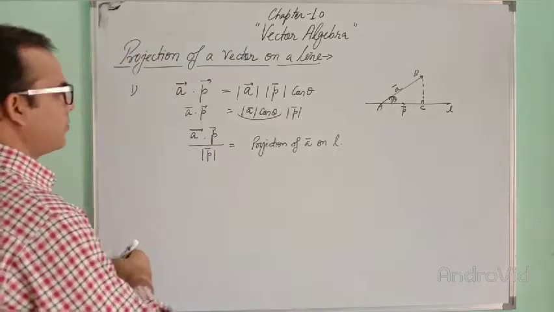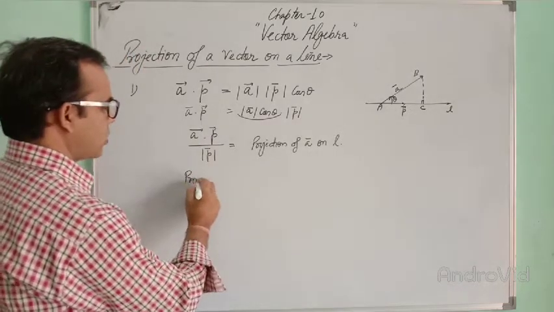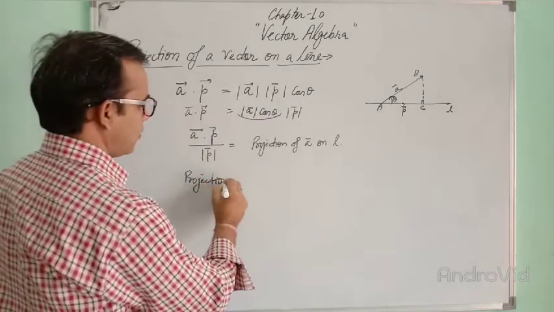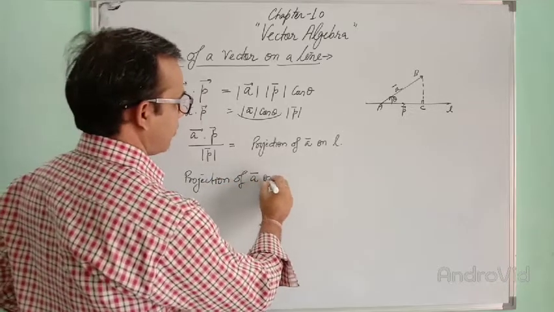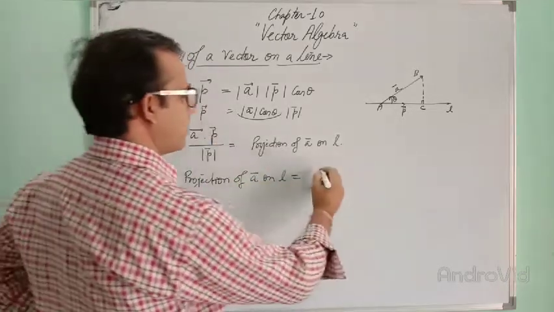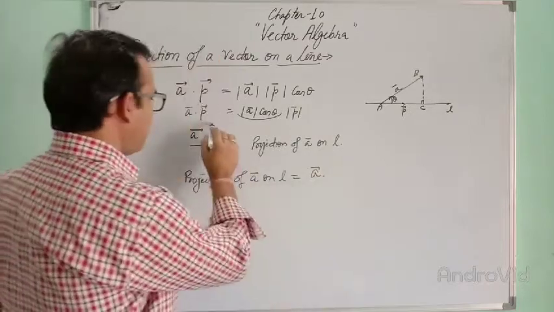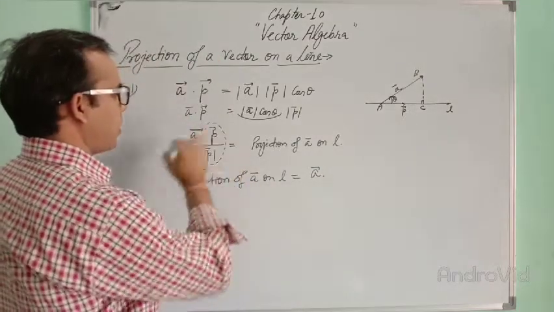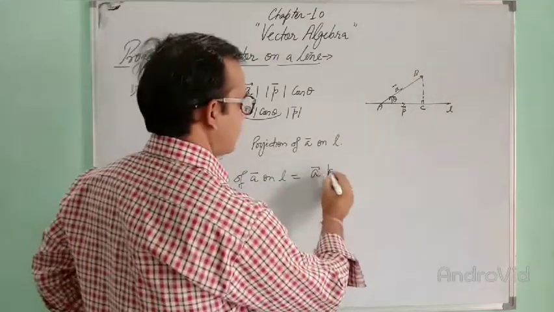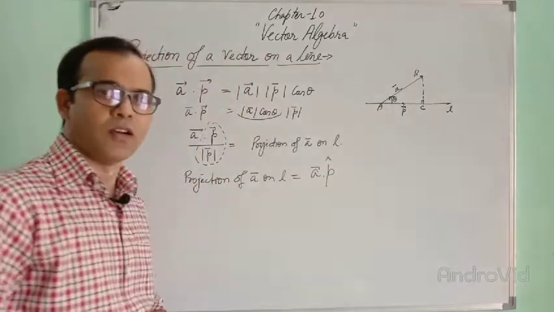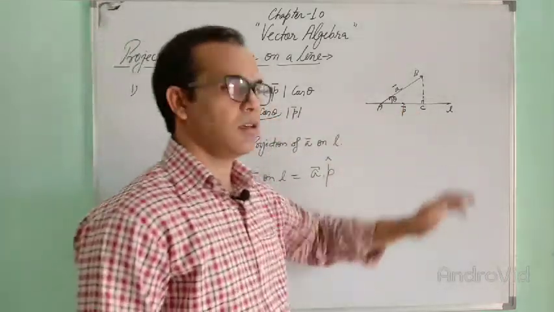Clear? You can also see that the projection of a vector on L, that is a vector dot p vector upon magnitude of p, can be written as a dot p cap. So p cap is the unit vector along the direction of this AC.